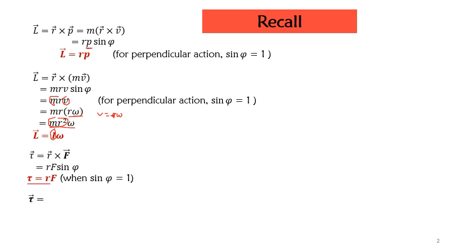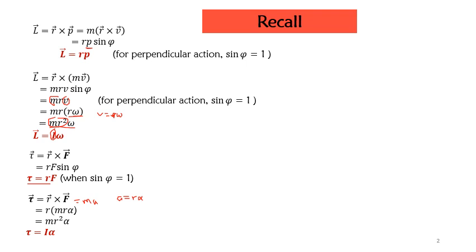We can also look at another expression for torque, tau. In this case, from Newton's second law, we have the force vector F, which we know to be equal to m a. And we know that a is equal to the product of the radius of rotation and the angular acceleration.